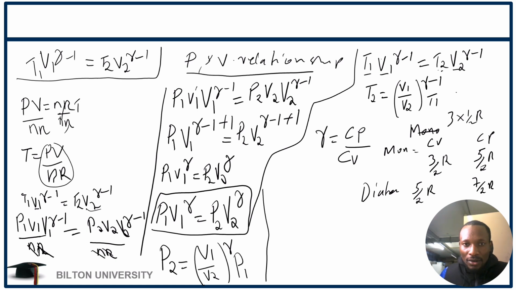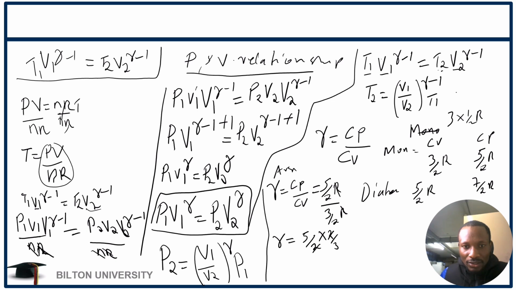So now let's look at the value of gamma for monoatomic gas, like argon. Its gamma will be Cp over Cv, and that's going to be Cp of monoatomic gas, 5 over 2 R, divided by 3 over 2 R. So R and R can cancel each other, and this is going to leave us with gamma equal to 5 over 2. When we divide, it's going to be times 2 over 3.